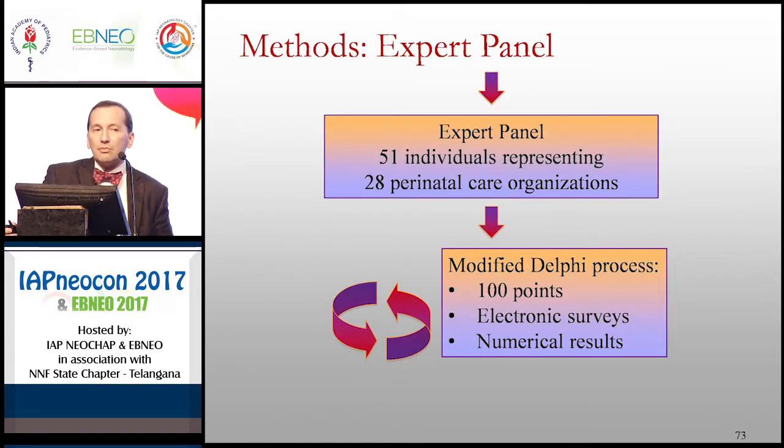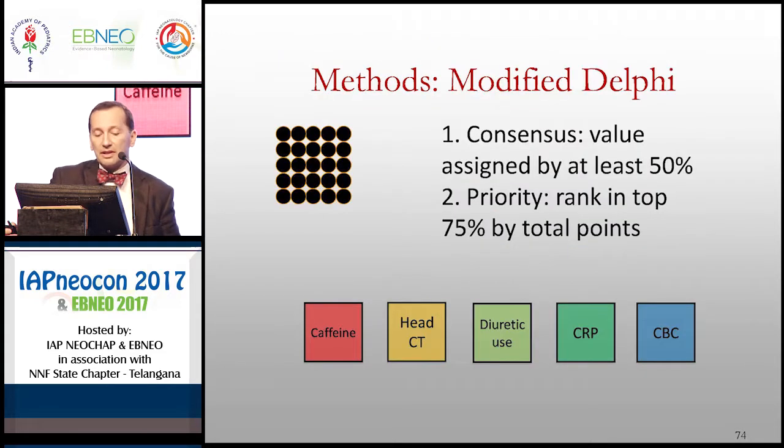They used something called a modified Delphi process to vote, essentially, and it works like this. Rather than just getting one vote, you get 100 votes, and you can distribute them across the items in which you're interested in a way that tells us about how strongly you feel about a particular candidate therapy.